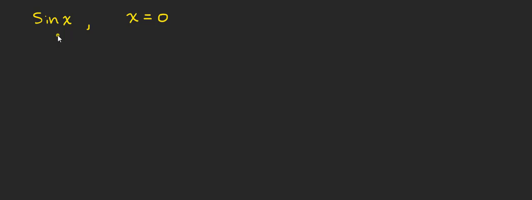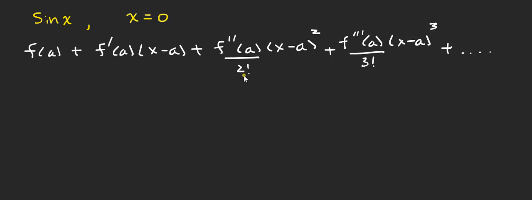Now let's construct the Taylor polynomial for sine of x when x equals 0. So the center is 0. Again, here is the Taylor polynomial, and we need to find the derivatives of sine x and plug in the values.